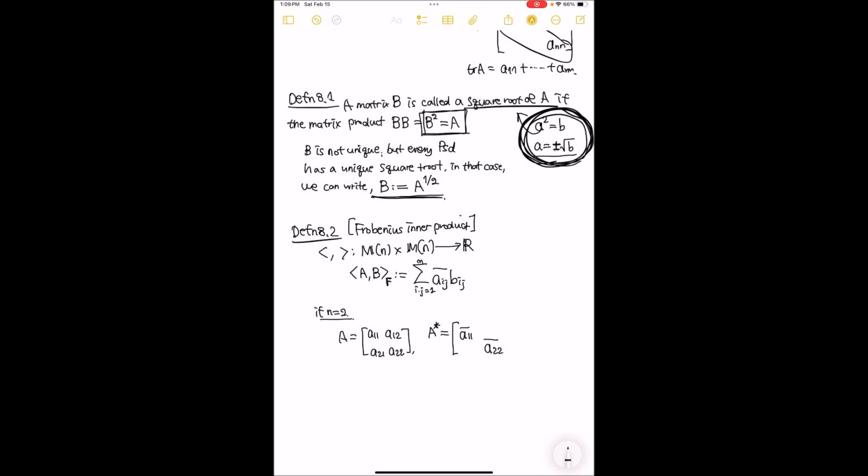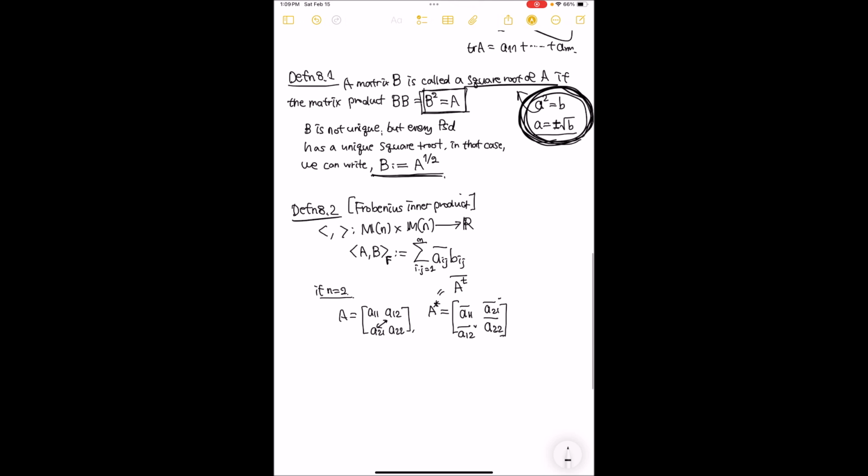If we transpose the matrix, the diagonal components do not change position, but the others change position like this and take a conjugate. And consider B is given.